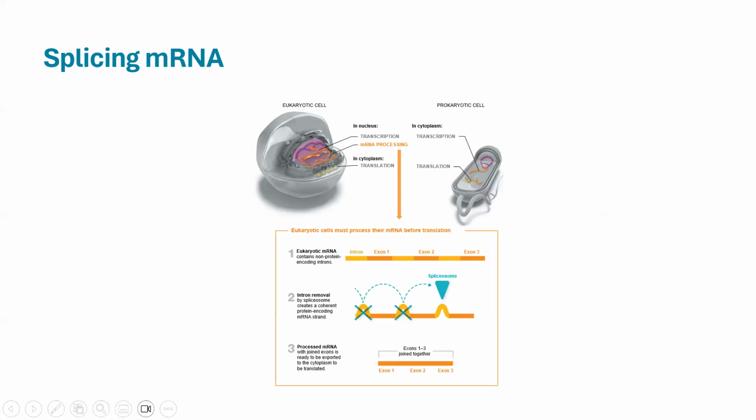And so here's an example where you have a eukaryotic mRNA where you have these introns and exons. And then the spliceosome comes in and it's going to cut out the introns. And then you keep your exons 1, 2, and 3. They get joined together, and now you can translate that.